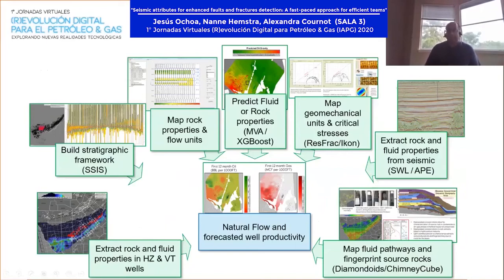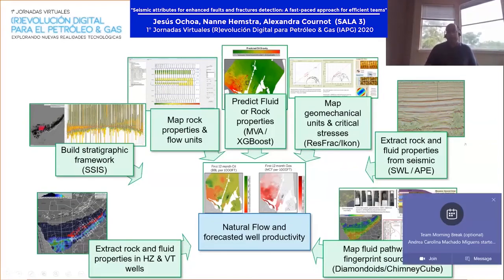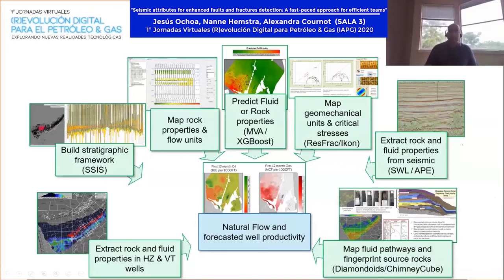We also highlight the extraction of rock and fluid properties that we're doing with the chimney cube from OpenDetect, and some of the folding fractures automatic attributes. There is also a map of fluid pathways and fingerprinting source rocks using diamondoids and chimney cube. In this presentation, I'll focus on the chimney cube results and not get much into the diamondoids and the organic geochemistry that we're using to fingerprint the oil sources.